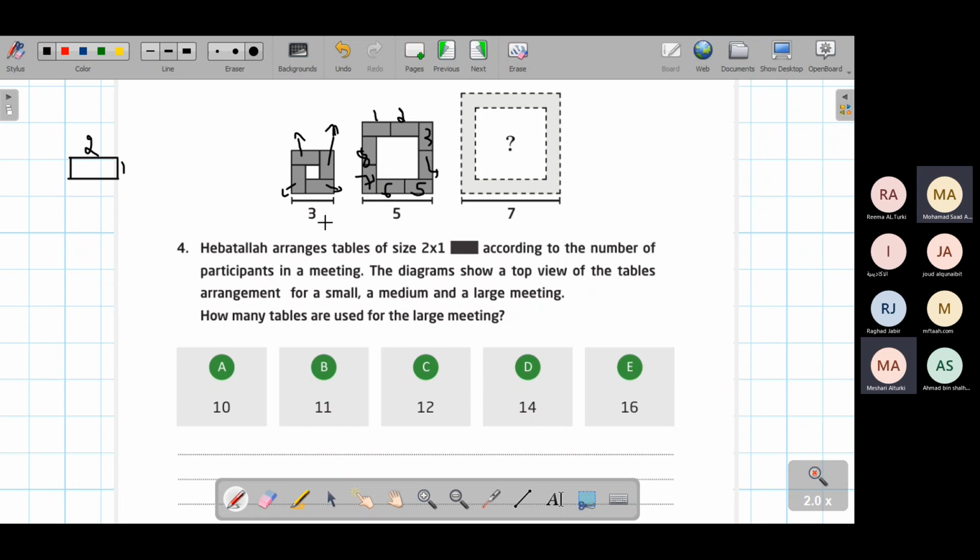So for the small meeting, we already use 4 tables. For the medium meeting, we use 8 tables, of course, of size 2 by 1. Okay, now in the large meeting, I need to know how many tables I'm going to use.